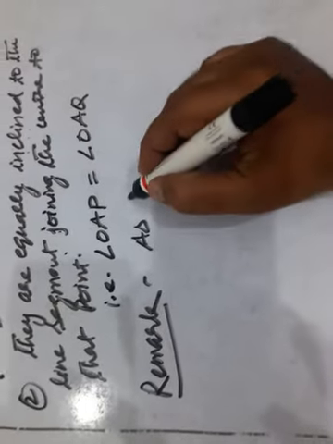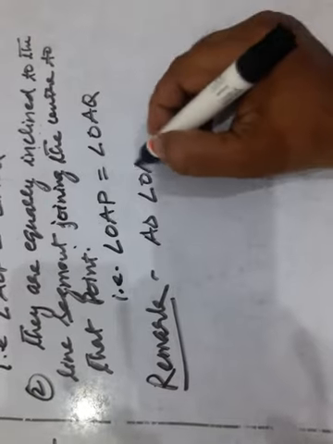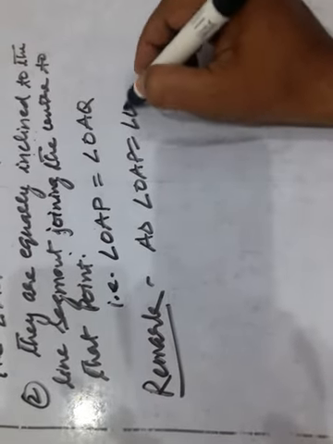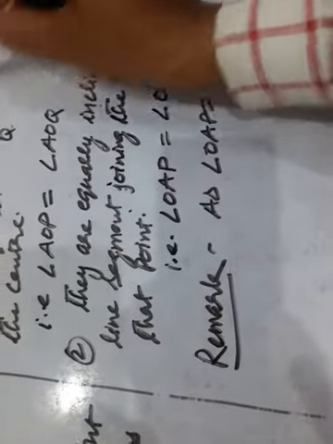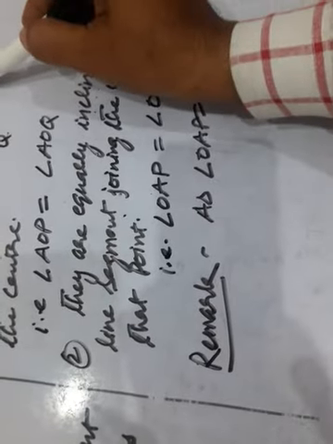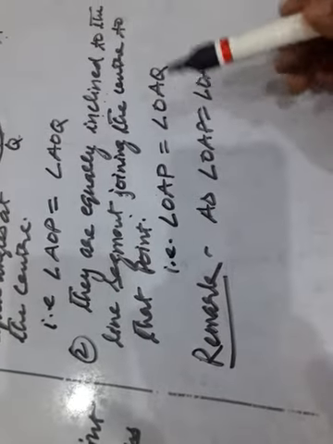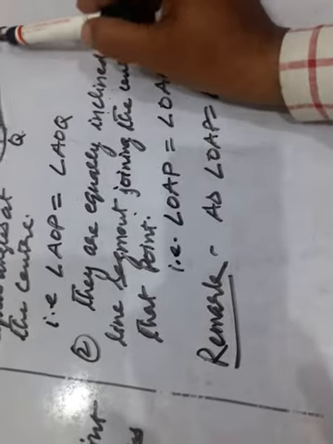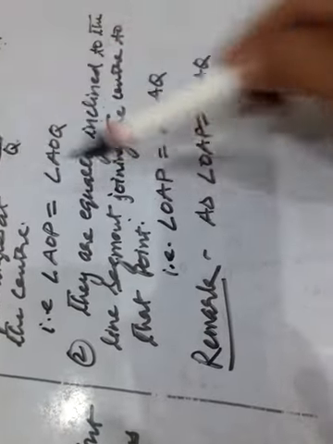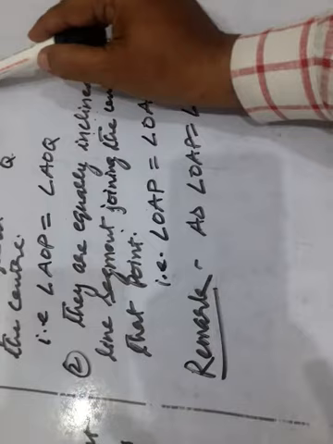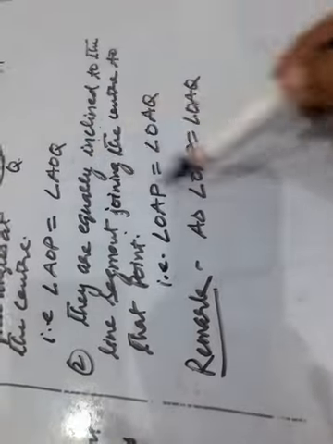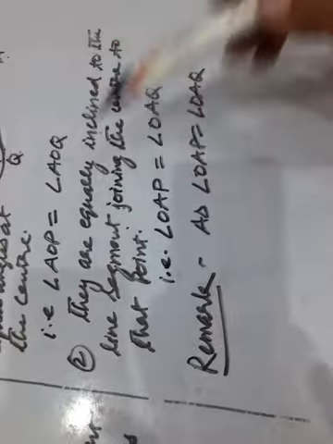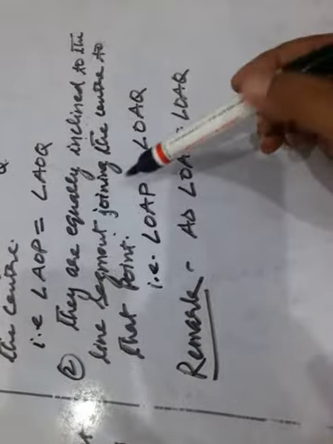As angle OAP is equal to angle OAQ, look here, this angle is equal to this angle and this angle equals this angle. What does it mean? It means that OA is the bisector of angle A as well as the angle at the center. This is bisecting this entire angle, and this is bisecting this angle also. OA is working as the angle bisector of both the angles, angle A and angle O. Am I right?